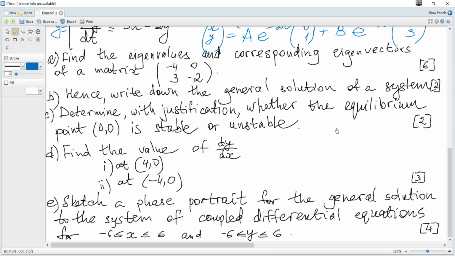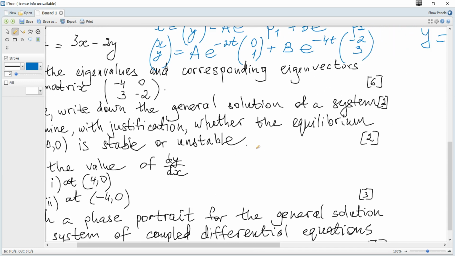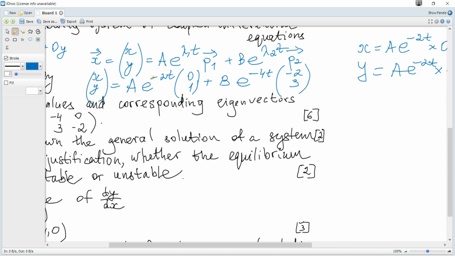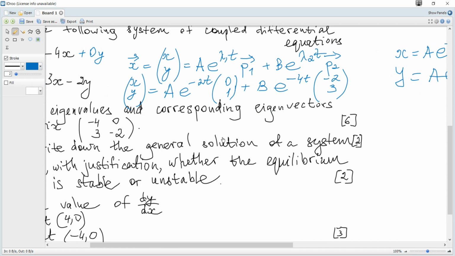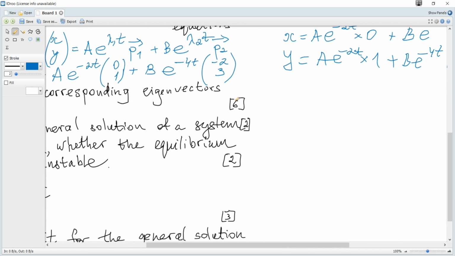Determine with justification whether the equilibrium point 0, 0 is stable or unstable. You can see that we get e to a negative power, or both eigenvalues are negative. And what does it mean? It means that e to negative 2t tends to 0 and e to negative 4t also tends to 0 as t tends to plus infinity.